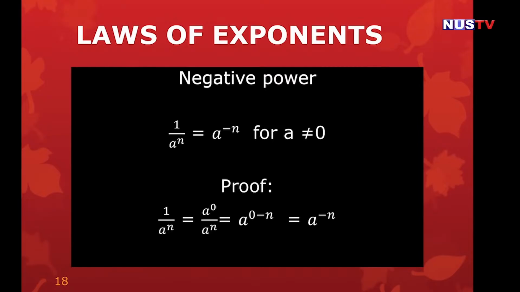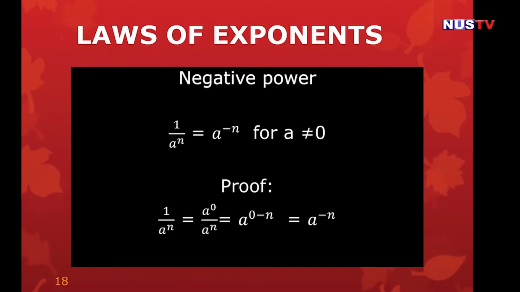So for the negative power, they say if you have 1 over a to the power of n, it's the same as a to the power of negative n, provided that a is not equal to 0. A cannot be equal to 0. Why? Because division by 0 is undefined. You cannot divide anything by 0.